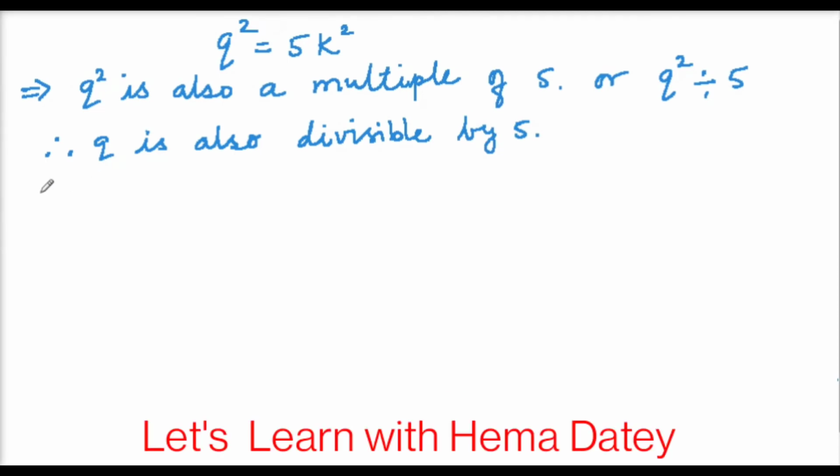Now here we observe that p is divisible by 5 and q is also divisible by 5, meaning p and q both have a common factor 5.